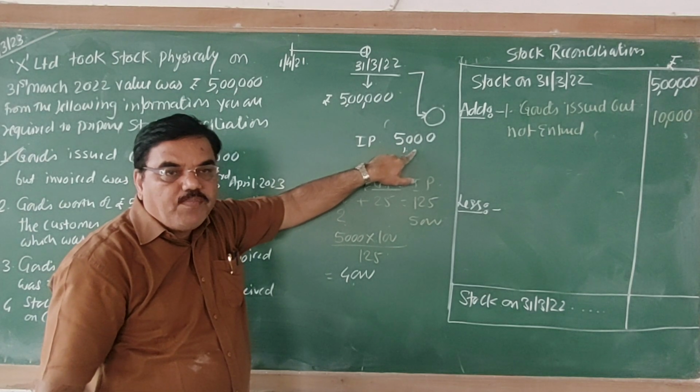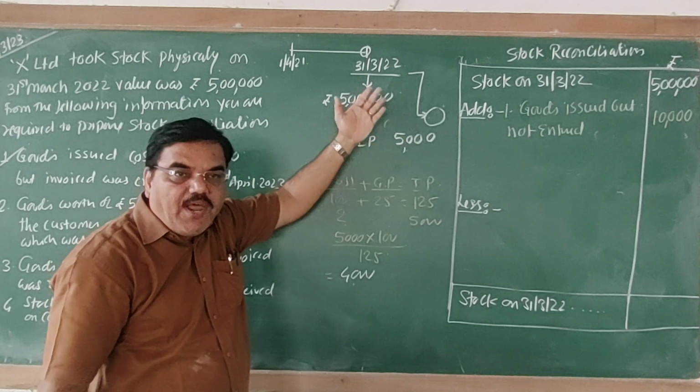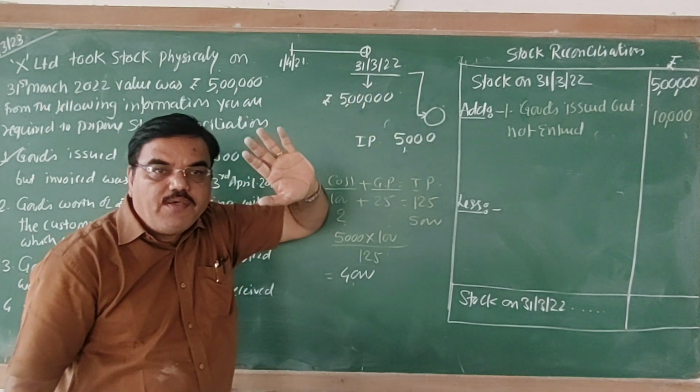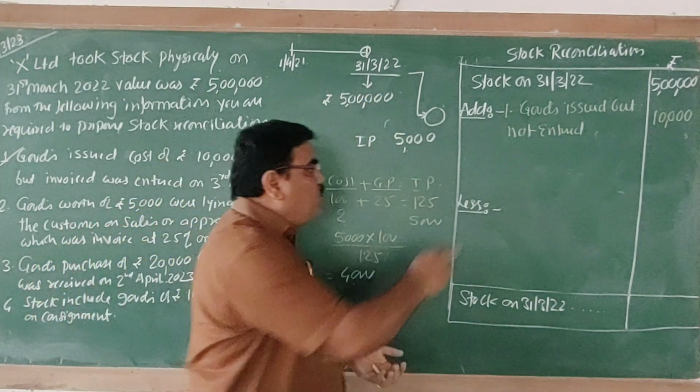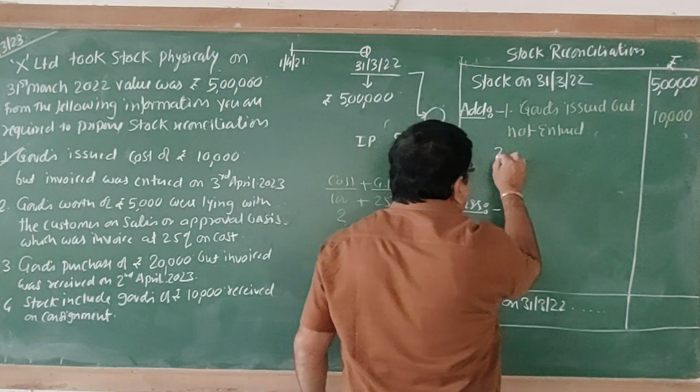कस्टमर के पास पड़े हुए, वो हमारे गुड्स है, ओनरशिप हमारा है क्योंकि अभी तक वो सेल नहीं हुआ। ओके, सो दैट 4,000 also we have to add.